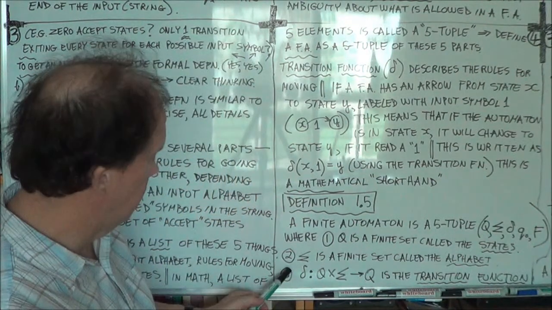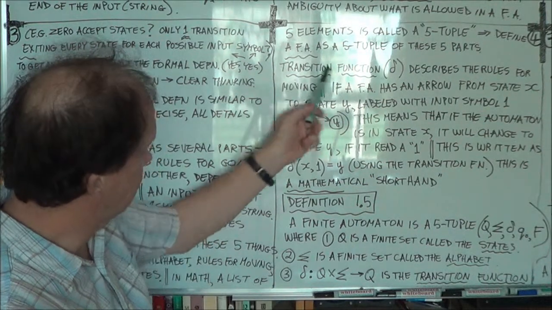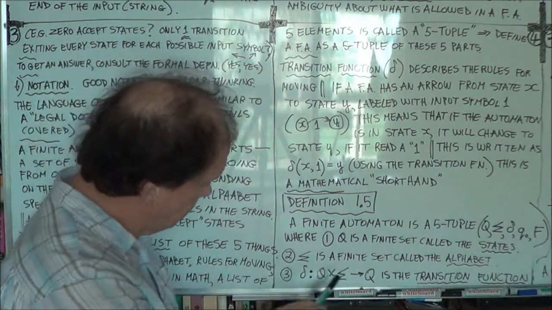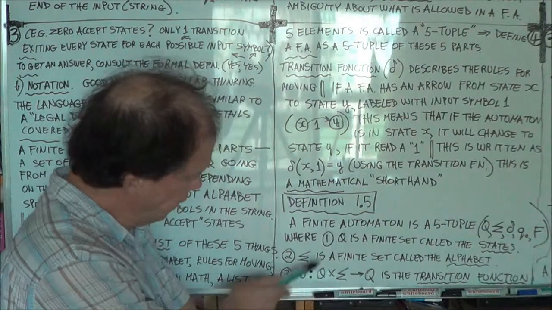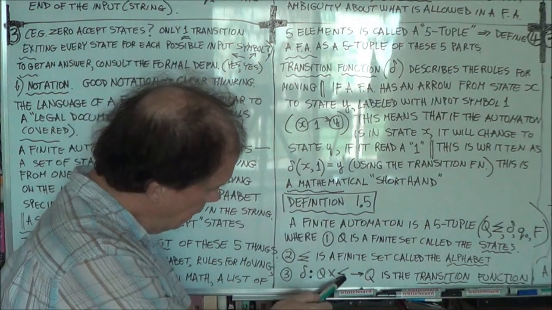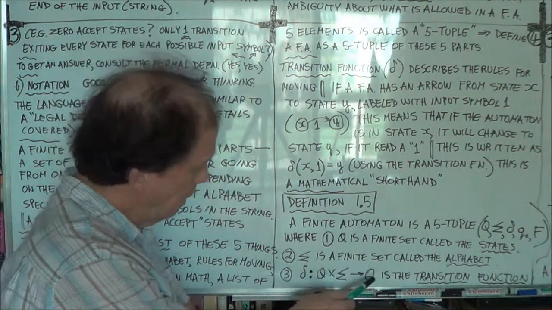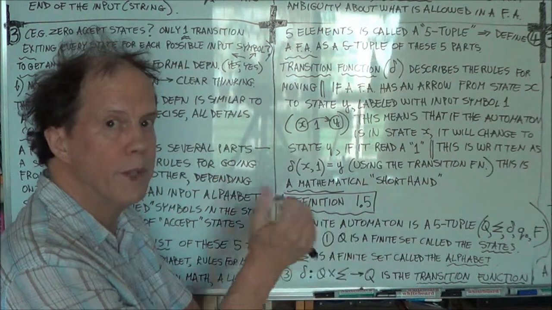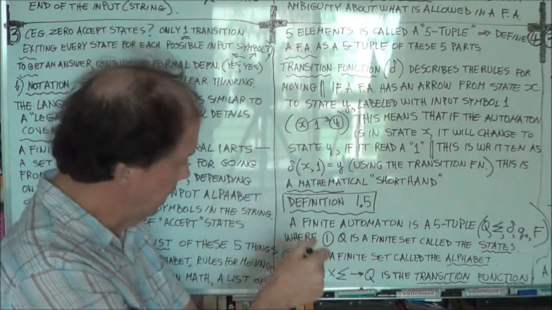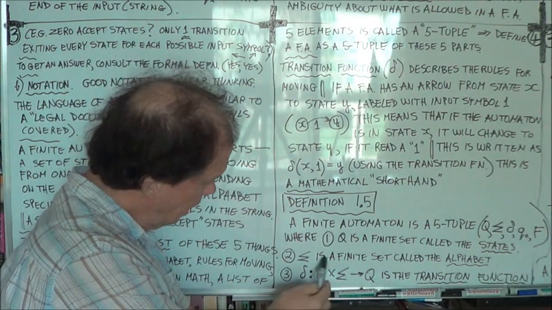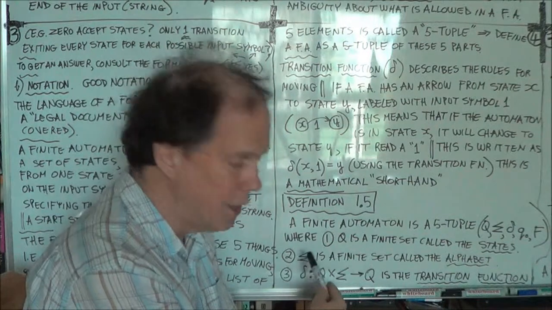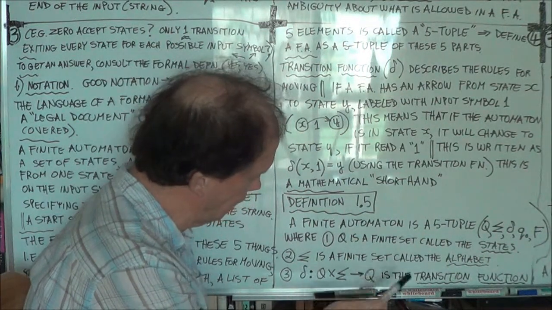Okay. The third thing is delta, the transition function. Now it's a function, right? So it has a domain and a range. Remember that from set theory in chapter 0? So the domain, the starting set, right, and the output set, if you like.